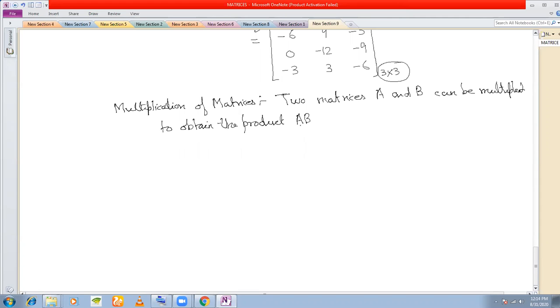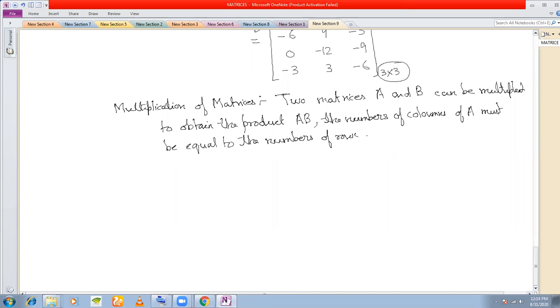Remember, the order is important here. We are finding the product A into B. To obtain the product AB, the number of columns of A must be equal to the number of rows of B.